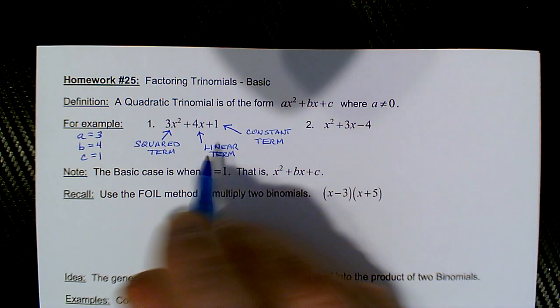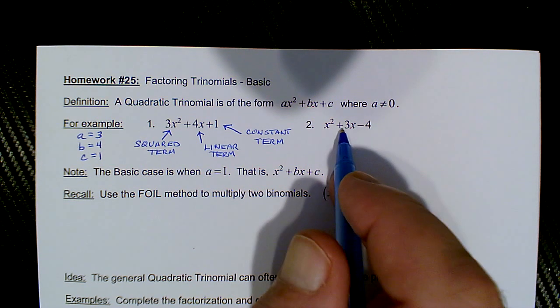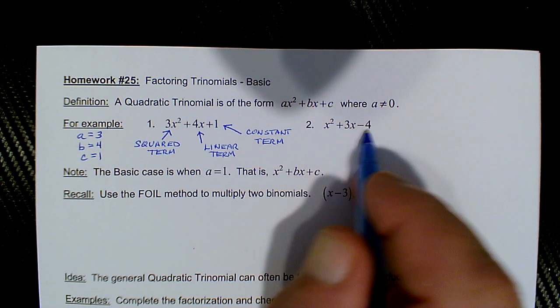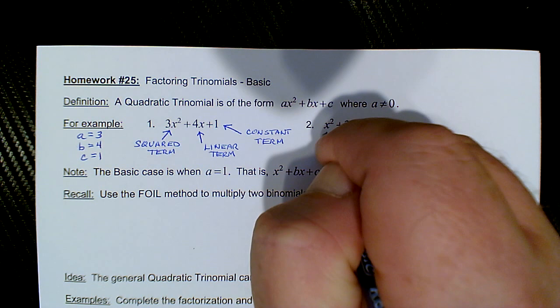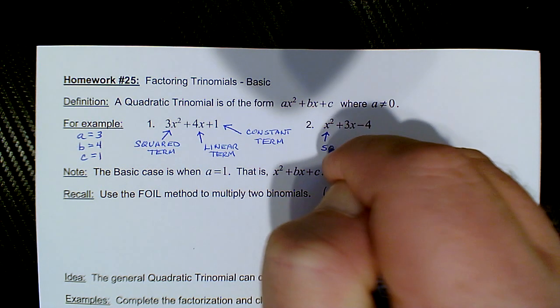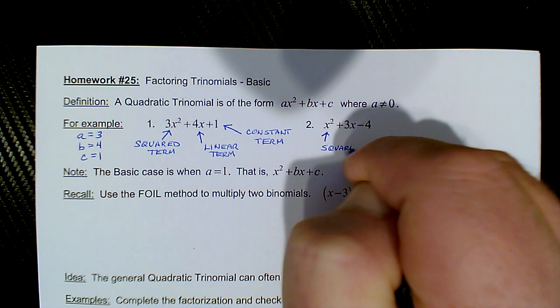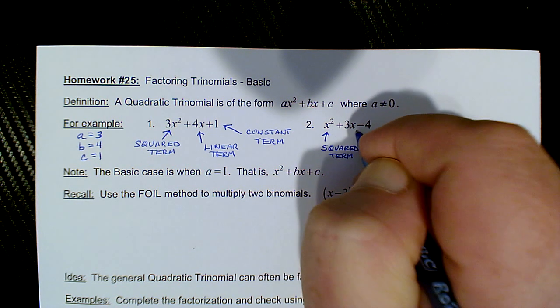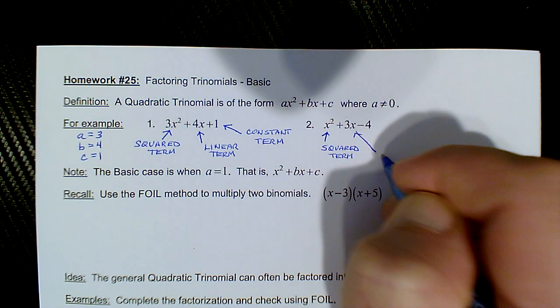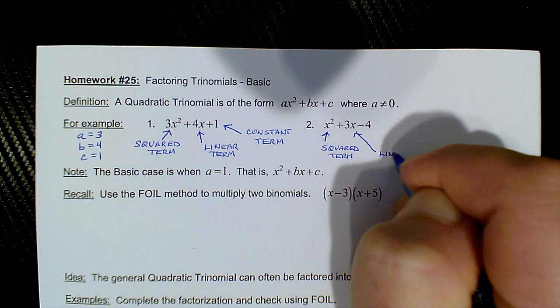Then we have a second expression. This is quadratic as well. Again, you could tell because of the squared term. And then 3x in this case would represent the linear term.